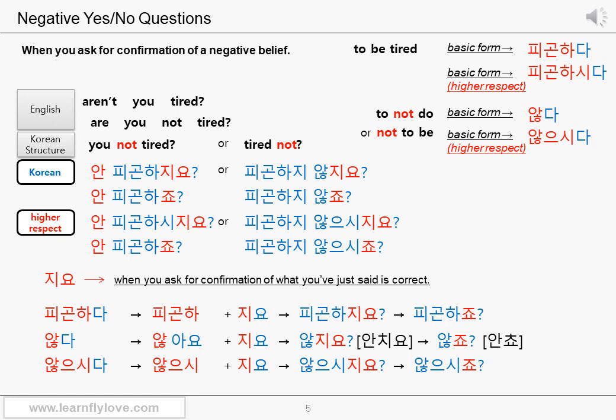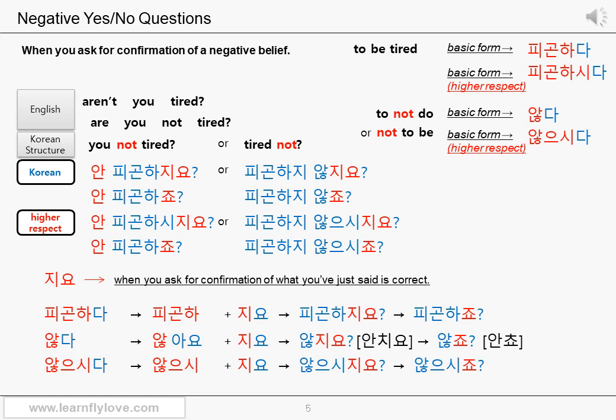You can just use 피곤하다. The sentence structure is going to be simply you not tired, or tired not. Not tired. Yes, we use the negative adverb 안 and then the stem 피곤하 plus 지요.